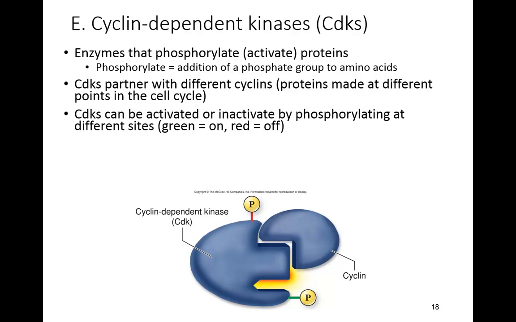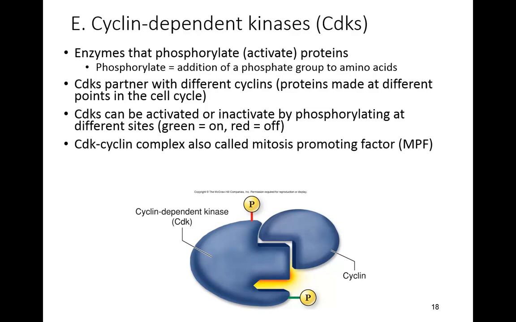CDKs can be activated or inactivated by phosphorylating different sites. So, for example, this red site, if it is phosphorylated, then it is turned off. If the green site here is phosphorylated, then it would be turned on.